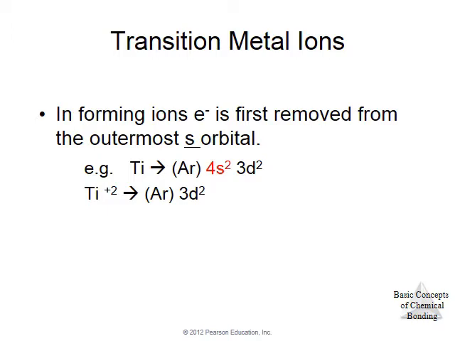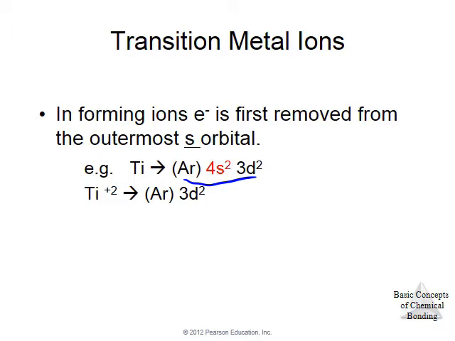They usually give colored compounds, and their electron configurations, especially the ionic forms, are a little bit different from the electron configuration of non-transition elements, especially when you're trying to remove electrons from these elements. For example, titanium has argon configuration followed by 4s2 and 3d2.